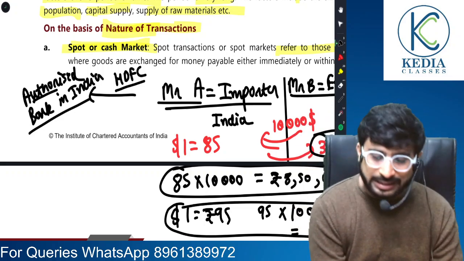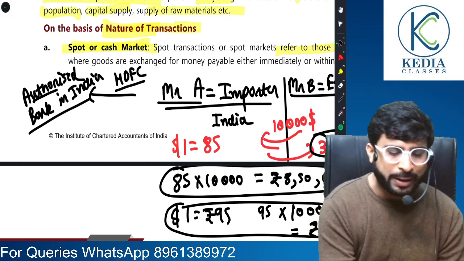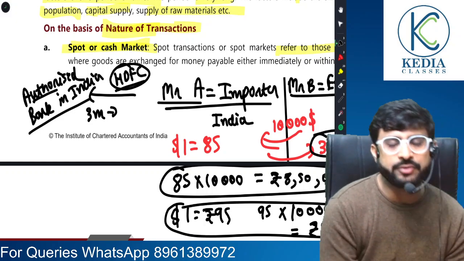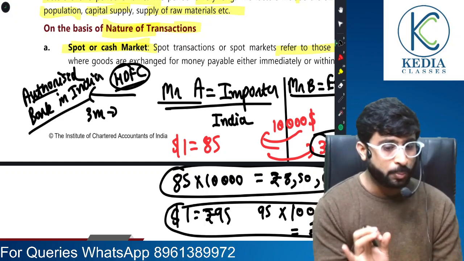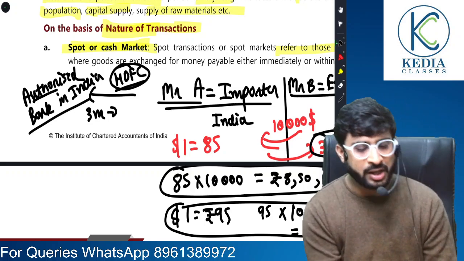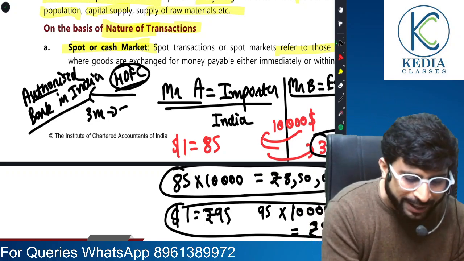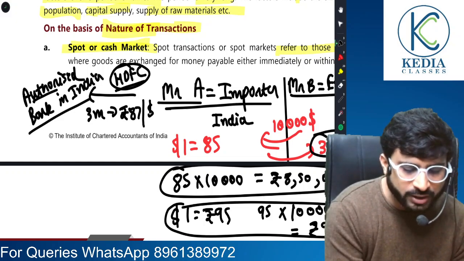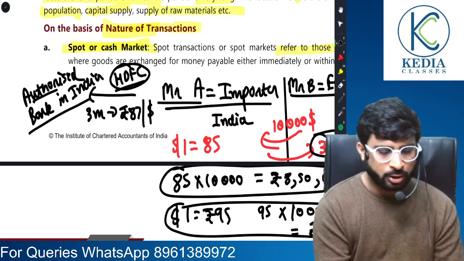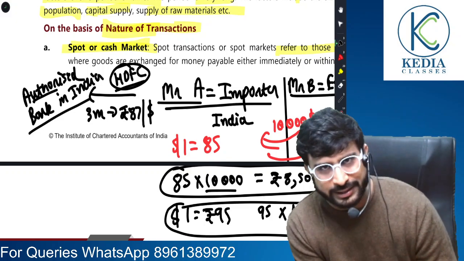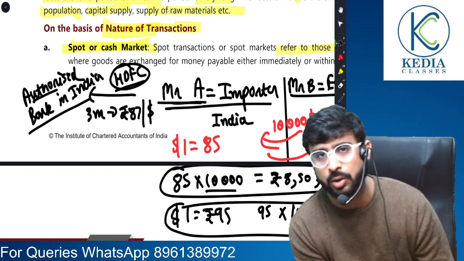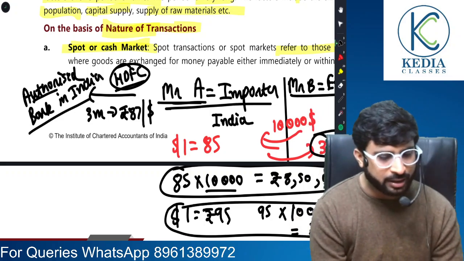That Mr. A is going to buy dollars 3 months from now from HDFC Bank. So Mr. A will buy dollars 3 months from now, not today, but the price is decided today. Let's say the bank says let's decide this at rupees 87 per dollar. You don't have to pay anything today. So 87 into 10,000 is 8,70,000. So Mr. A has to pay 8,70,000, not now, 3 months from now, to HDFC Bank.